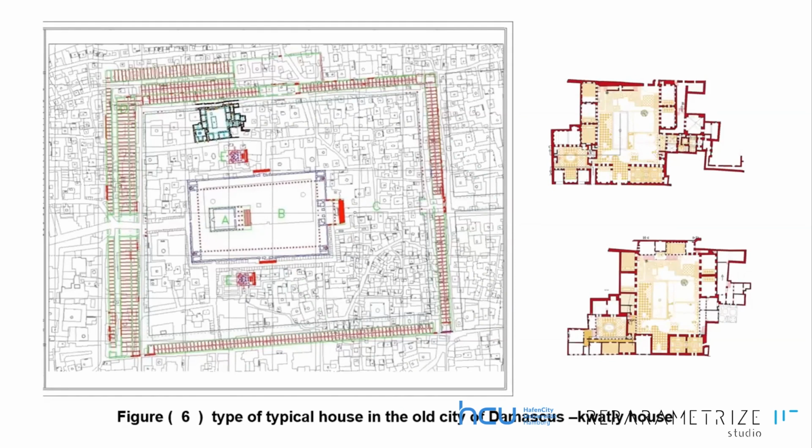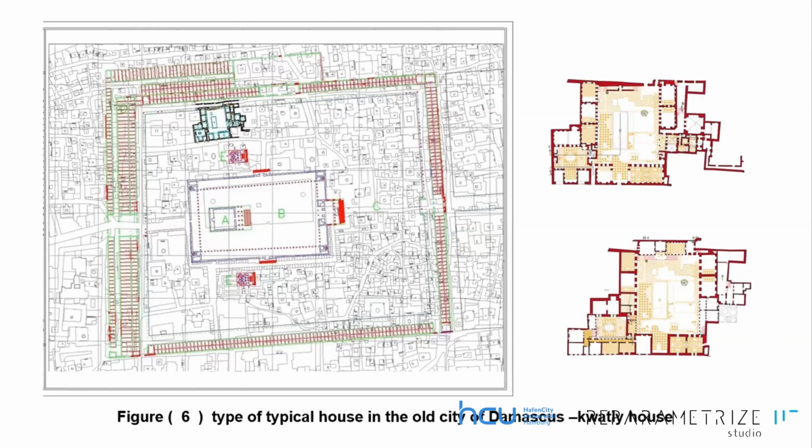In the Roman or classic period, we also had open space. In the Byzantine and Islamic periods, this space was filled by traditional houses. One of them is Al-Quwati house. For that, Damascus is very important because we can see a lot of layers in one place.